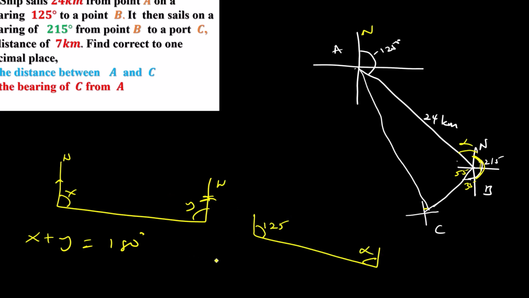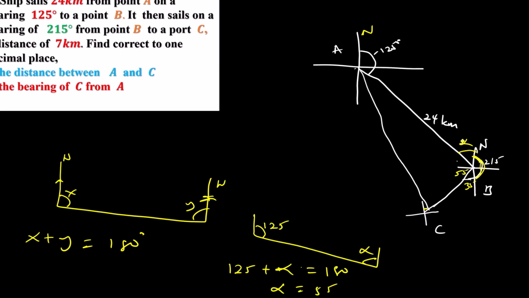So 125 plus alpha will give us 180. So alpha is 55.